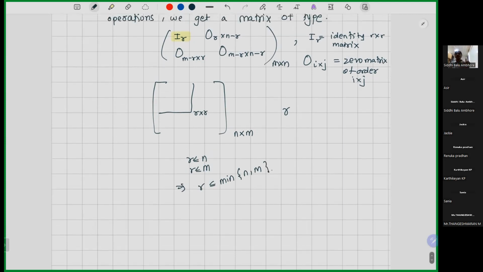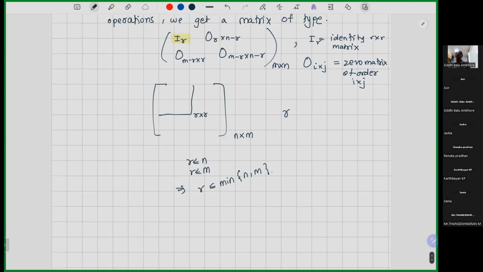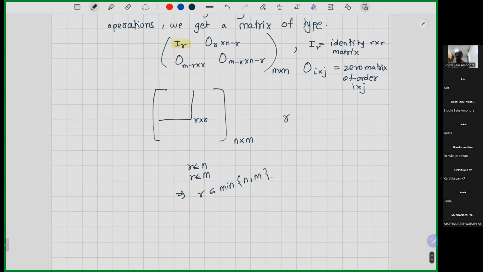It is quite visible from this theorem that R has to be less than or equal to both N and M. So for example, if I write this 4 cross 2 matrix, 1, 2, 3, 4, 7, 8, 100, 104.